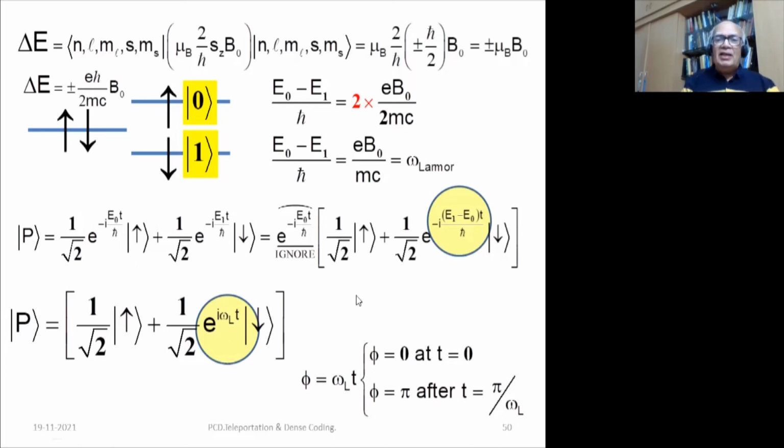He wants to let it change till the phase changes by pi, 180 degrees. So he can apply this magnetic field for a time interval which is exactly pi over omega L and switch it off.